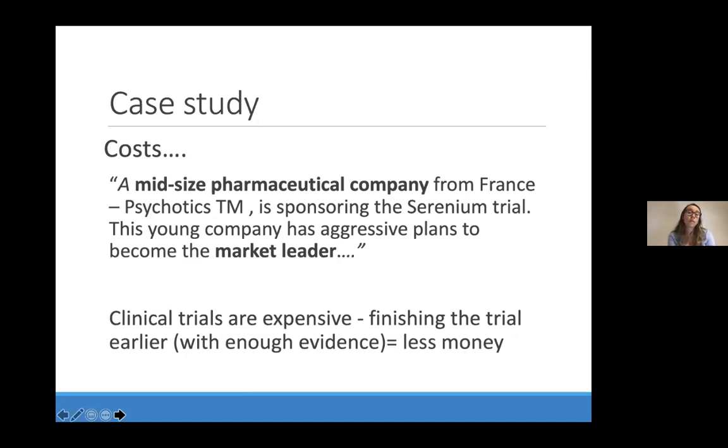Even though we worry about the cost, making money at the end is not our main concern, right? But we know that pharmaceutical companies and the drugs that we buy all have political and cost reasons behind them. So many trials and many companies consider this when they plan an interim analysis.